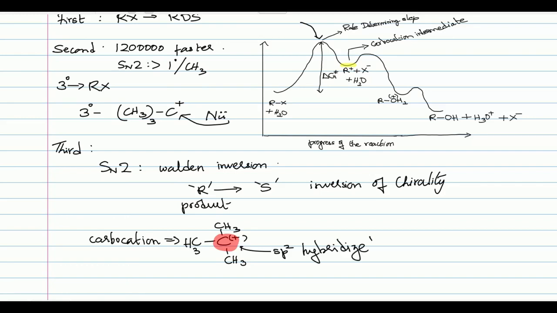If it is sp2 hybridized, then it is a planar molecule. Here you have one methyl group, another methyl group projecting towards you, and one methyl group projecting to the back of this paper.